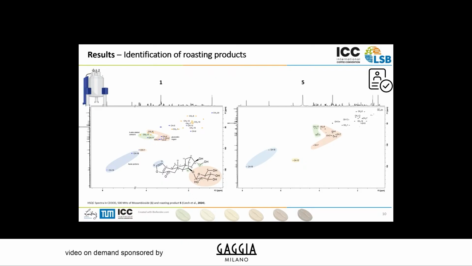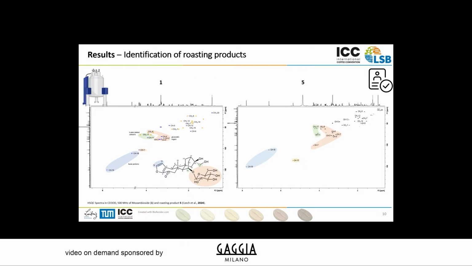So highlighted in orange, you can see the typical signals for the glucose moiety. In green, you can see the hydroxylated carbons, and in blue, you can see the furan protons. And when you look at the right-hand side, which is the spectrum of roasting product 5, you can also see the typical signals for the glucose moiety, the hydroxylated carbons, and the furan protons.